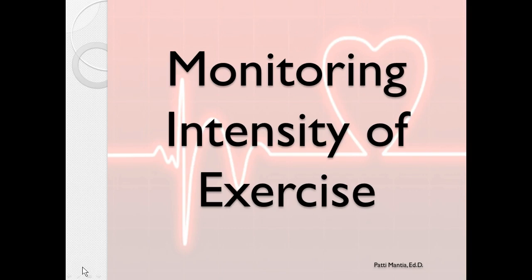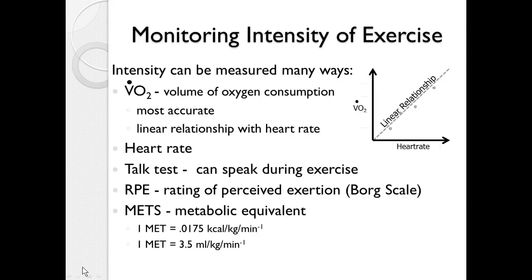We know this is an important thing because we want to allow our clients to exercise at a level that induces a training effect, but not so hard that we put them at risk. Monitoring intensity can be done in many ways, the most accurate of which is measuring VO2, or volume of oxygen consumption.